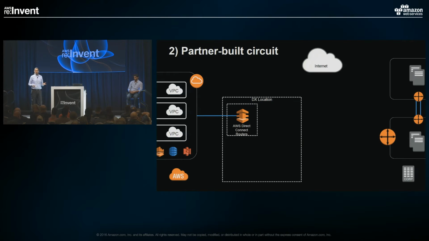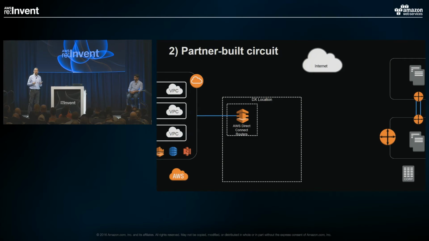So what if you don't have any presence in any of the Direct Connect locations? That's not a problem. You will actually go through the same process of ordering a 1 or a 10 gig port, receive the LOA, but now you need to engage with a network provider that will build you out a circuit between the data center that you own, between where your networking equipment is, all the way to the co-location and to the port that is allocated to you.